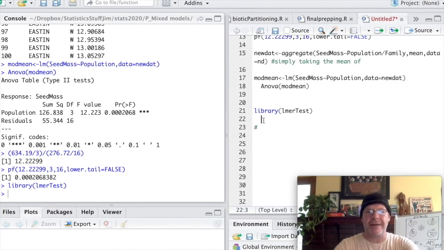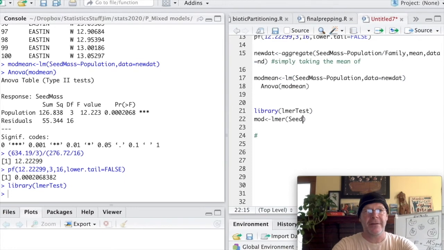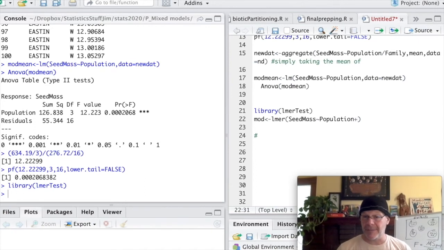But let's make a model using lmer, so setting it up as a mixed model. And so it's going to be a mod. That mod is going to be an lmer, where I'm going to have seed mass is some function of population. And now I'm going to add my random effects into the model.